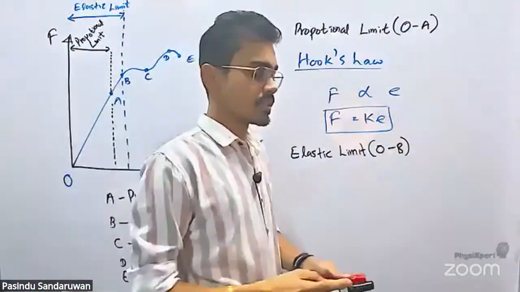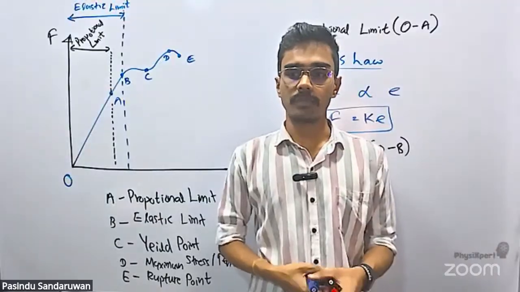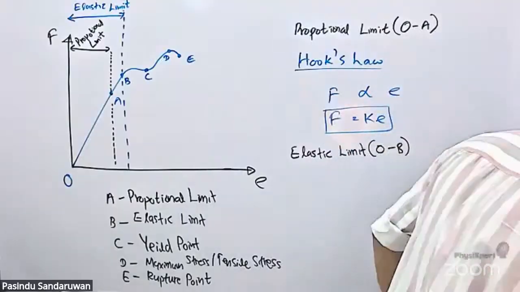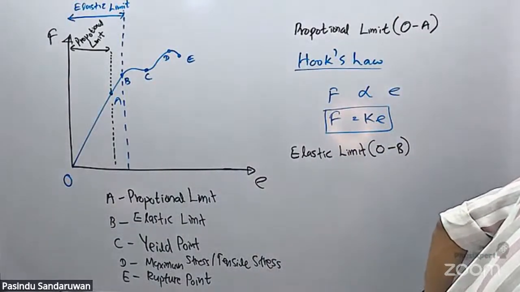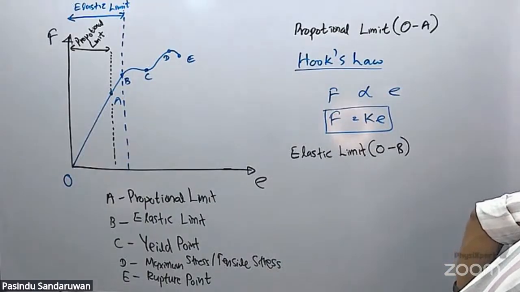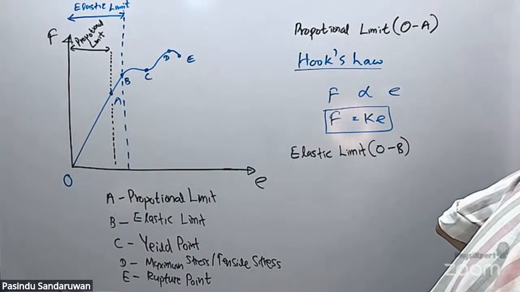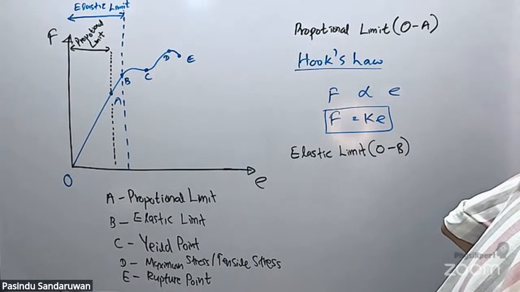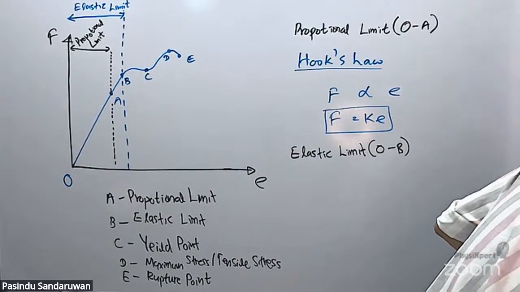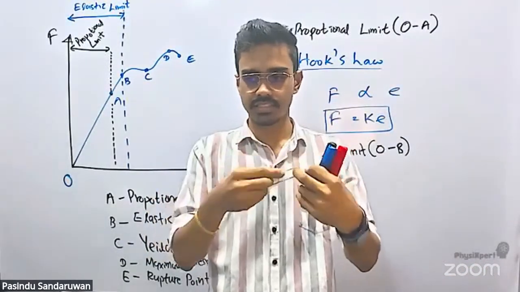Okay, now listen. Here onwards, for the ease of explanations, I'll be using a rubber band as an example. Let me check the rubber band is available. Right. Can you see this?